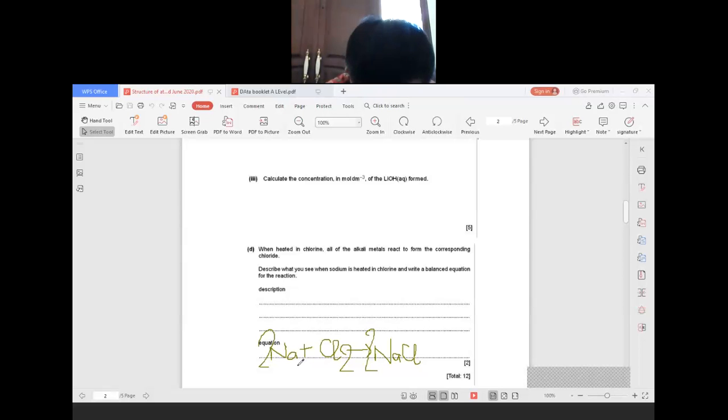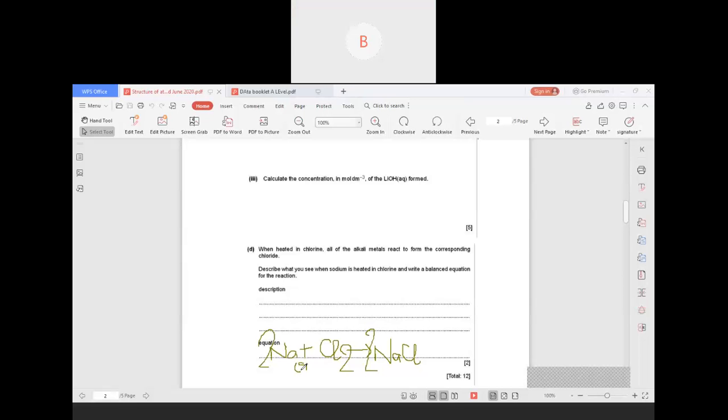What is the state at room temperature of sodium? Solid or liquid or gas? Solid. And then what is the state for chlorine? Gas.